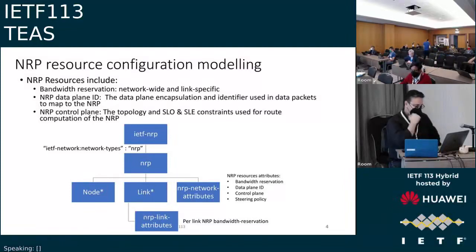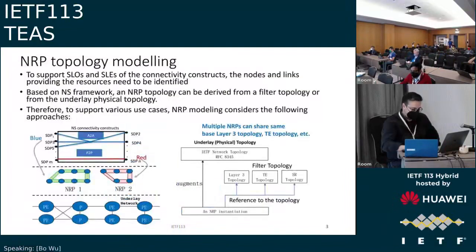Yes, this one. I mean, in this NRP each link is relevant to the underlay network. It's not an abstract link between SDPs. Like that red point-to-point network slice service, it can map to an NRP, right? So it will traverse two nodes, or with protection it could traverse 5 nodes. So is that clear?